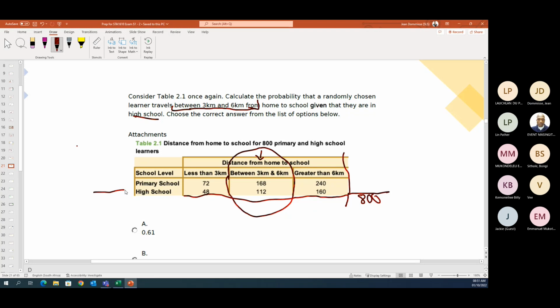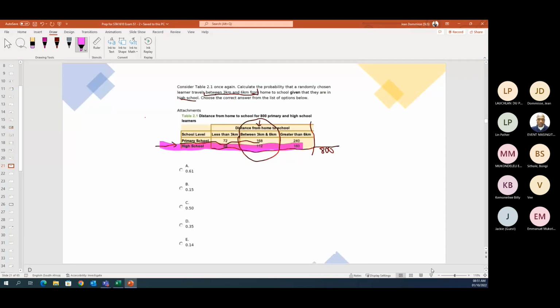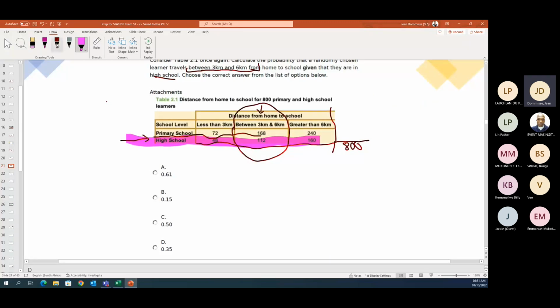Given that they are in high school. So how would we do this? I just want to have some space for me to write.